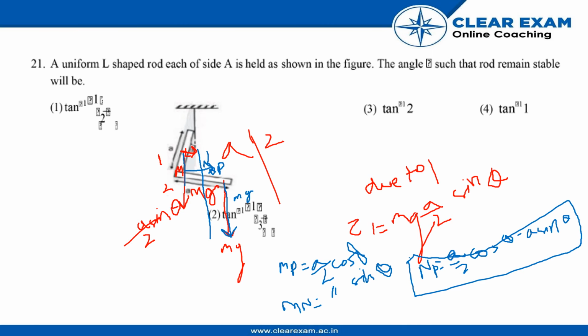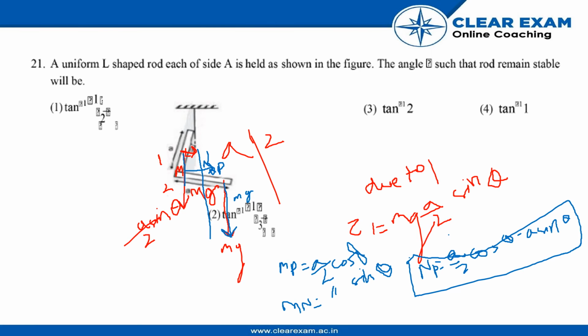So now we will see the torque of 2 at point O. It will be nothing but mg times A by 2 cos theta minus A sine theta, as the NP. So we will equate it. After we equate it, we can cancel some values such as mg, A by 2, A sine theta, A and all.